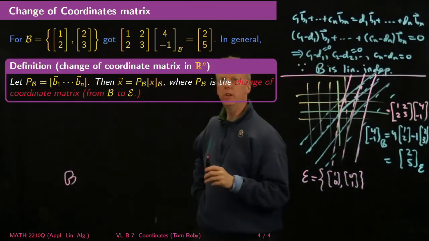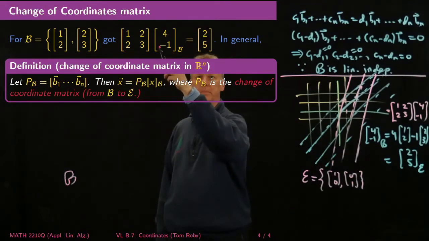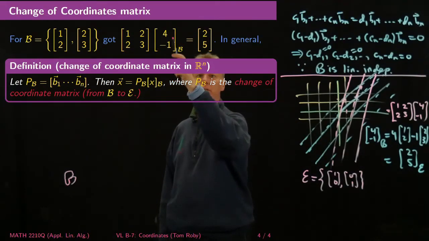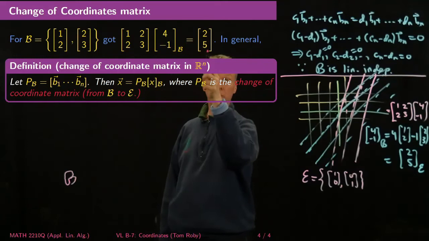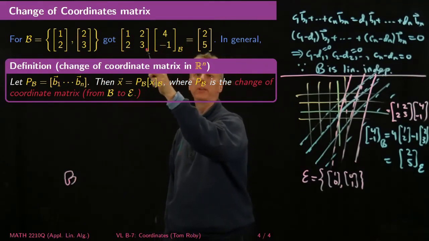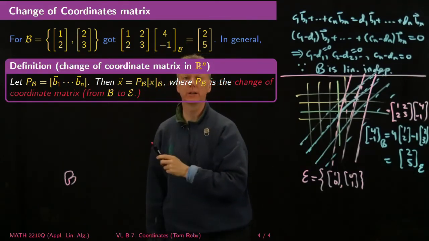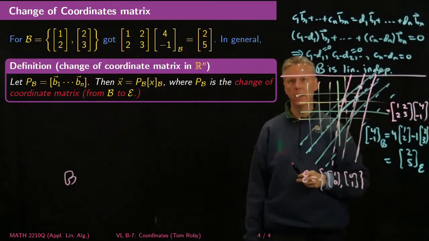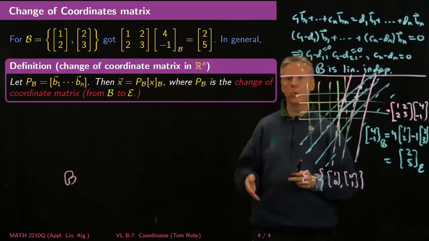So I can really view my conversion from B coordinates to standard coordinates as being multiplication by the P_B matrix. Okay, and so that's the definition of this change of coordinate matrix.